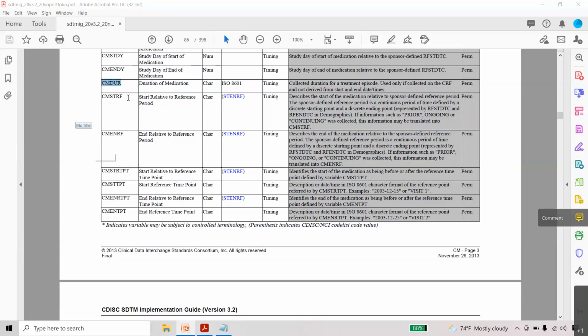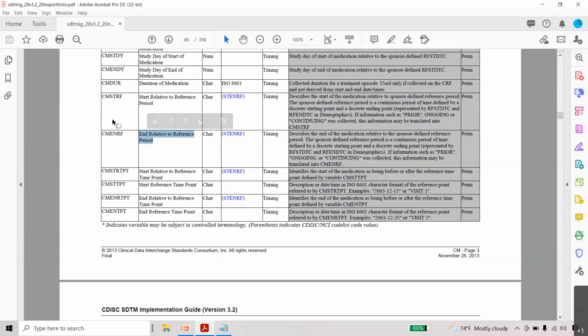Next values we have are start relative and end relative to the concomitant medication taking. So we have CM STRF and CM ENRF, start relative to reference period and end relative to reference period.